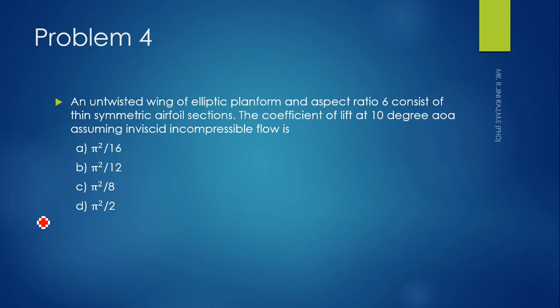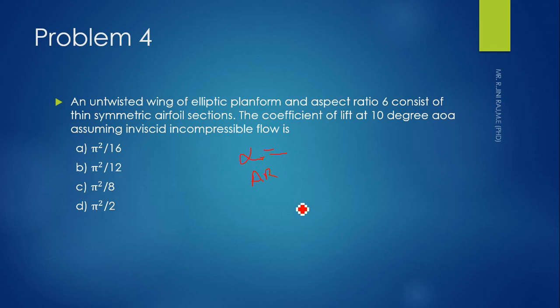An untwisted wing of elliptical planform and aspect ratio 6 consists of thin symmetrical airfoil sections. Find the coefficient of lift at a 10-degree angle of attack. So the aspect ratio is 6, the angle of attack alpha is given, and the condition is an elliptical wing.